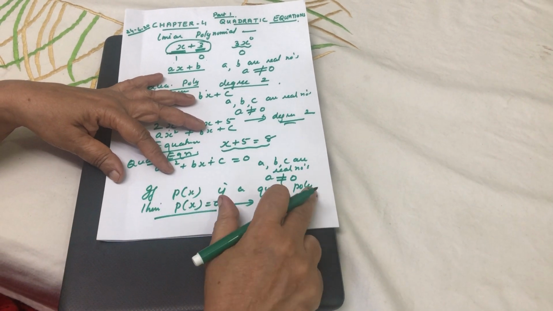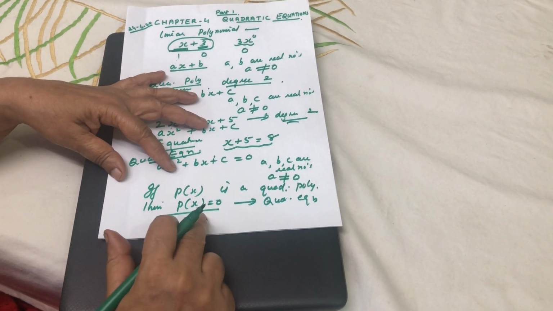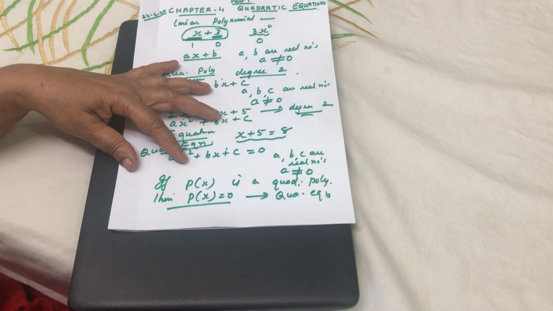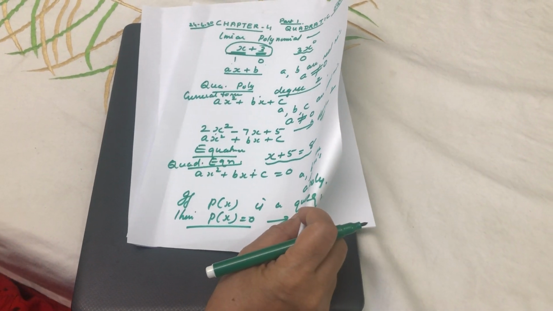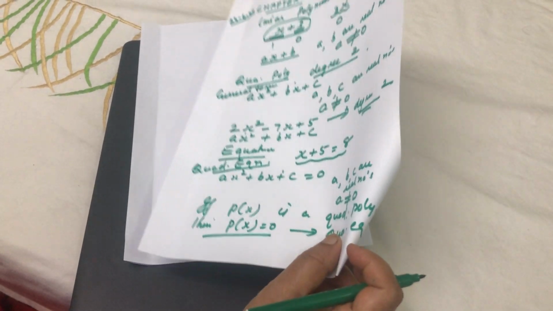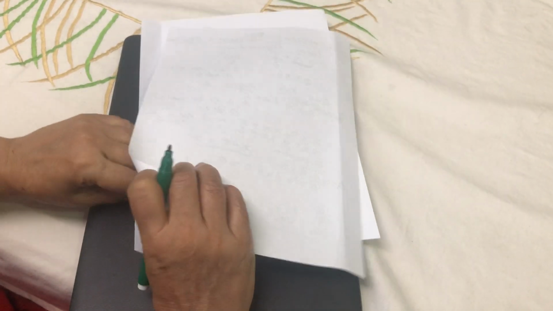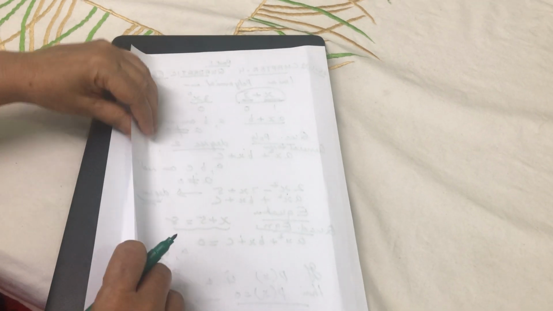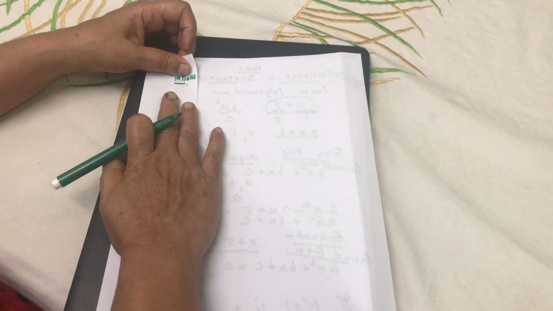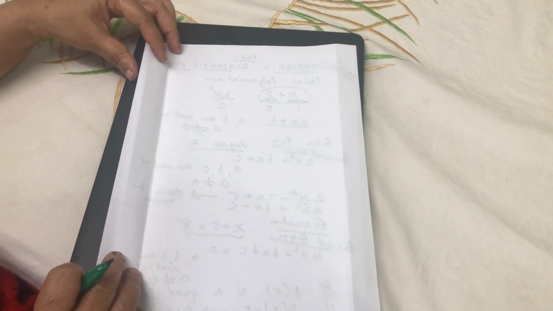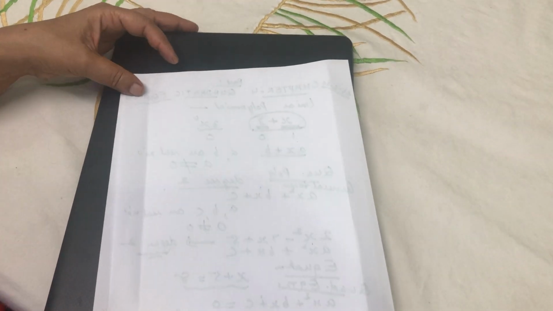So p(x) is a quadratic polynomial, and when p(x) is equal to 0, it becomes a quadratic equation. So what is a quadratic equation? An equation of degree 2 is called a quadratic equation, and the general form is ax squared plus bx plus c equal to 0, where a, b, c are real numbers and a cannot be equal to 0.